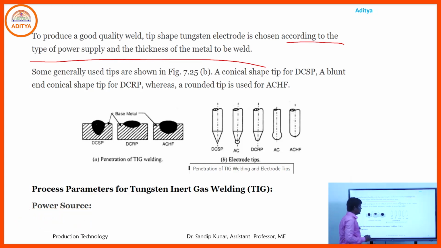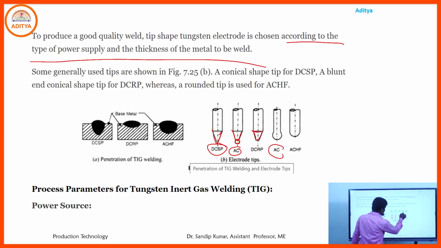Generally, for the tip shape, we see that for DCSP, direct current straight polarity, we use one type of tip shape. In case of AC current, we use another type of tip shape. In case of DCRP, direct current reverse polarity, we use a different tip shape.